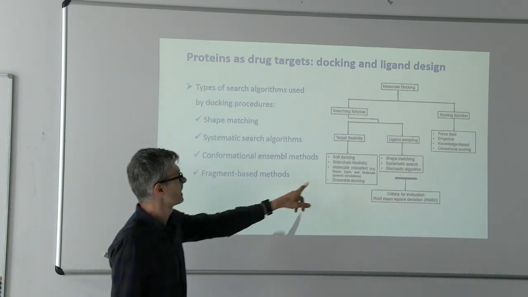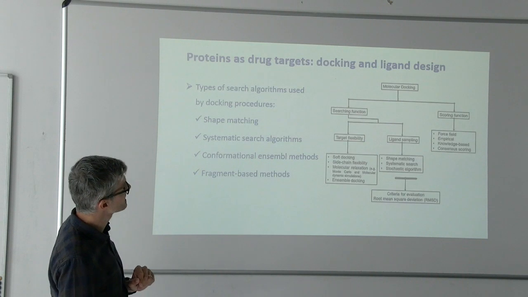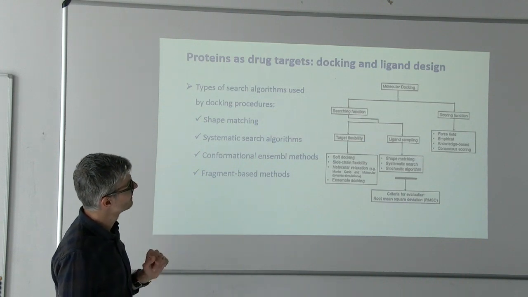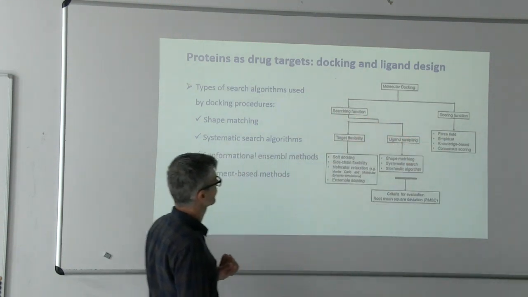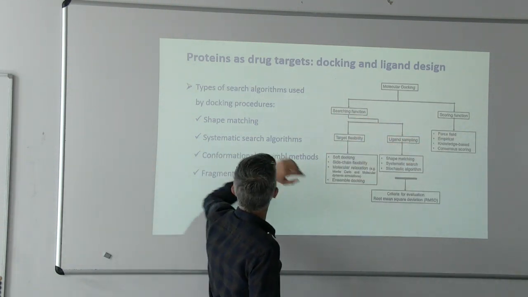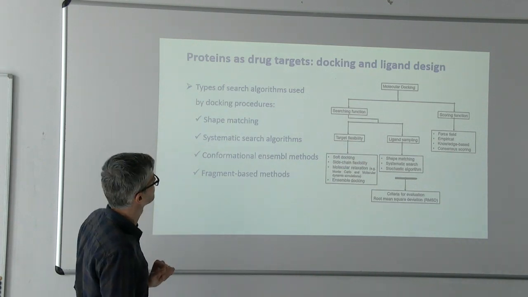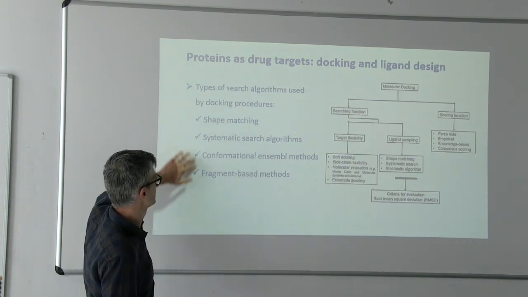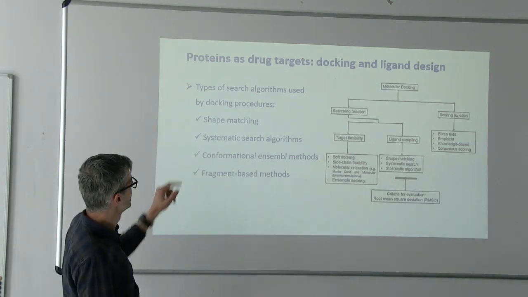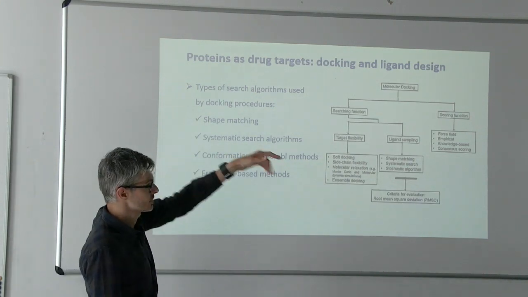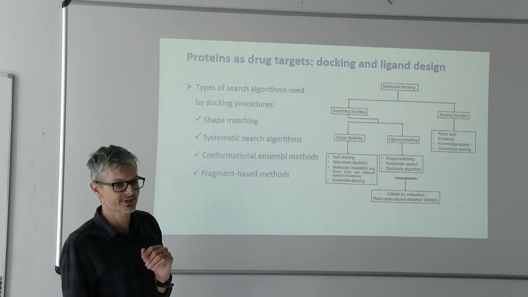This is from the handbook, a scheme showing different ways of doing this. Here you see the searching function and scoring function, and then a number of possible types of search algorithms that you can use, and some you should know. Shape matching, so again, the lock and key principle.